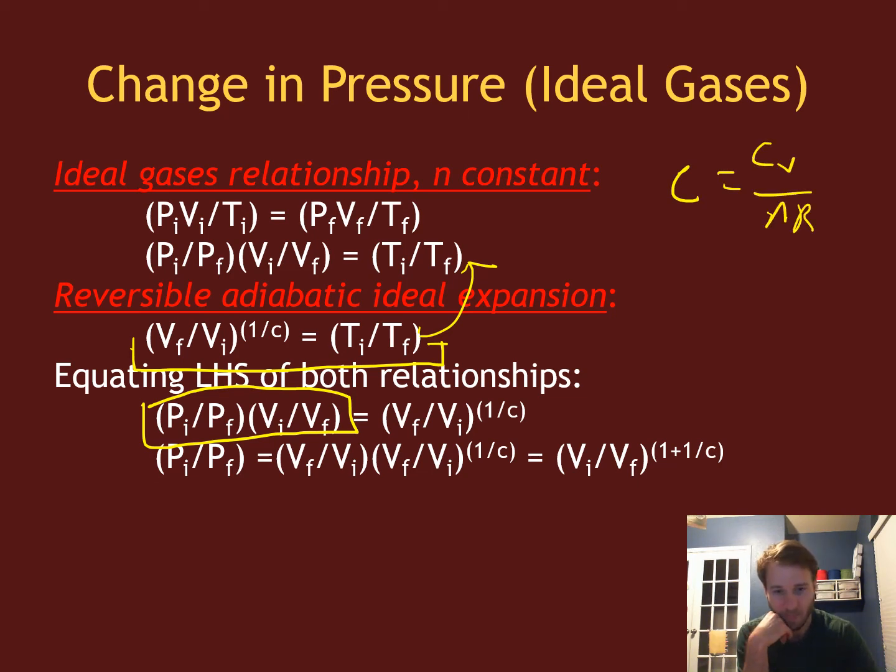Multiplying the final initial volumes on the other side to combine things gives us that this ratio of pressures is related with the ratio of volumes times 1 plus 1 over C.